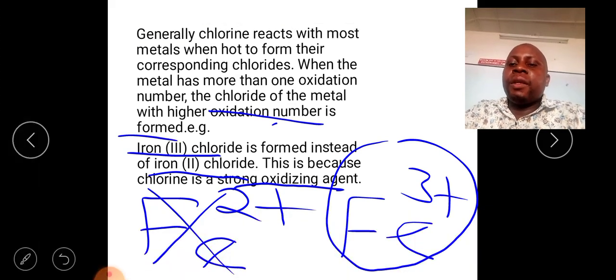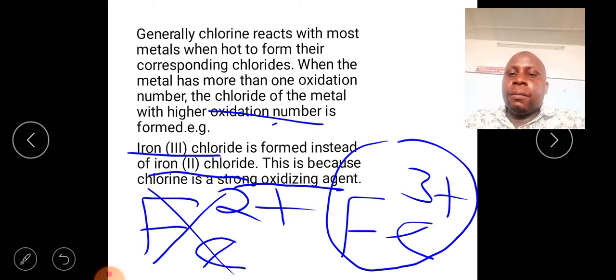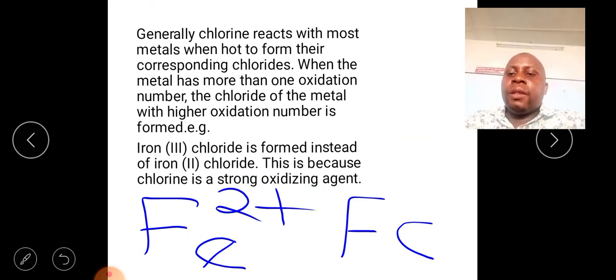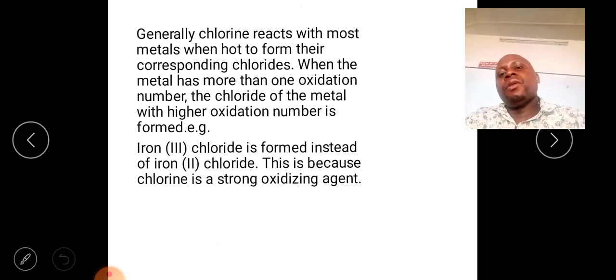The reason is that chlorine is a strong oxidizing agent, hence there is formation of iron 3 chloride but not iron 2 chloride. Have you understood? Good. So this is how chlorine reacts with metals.